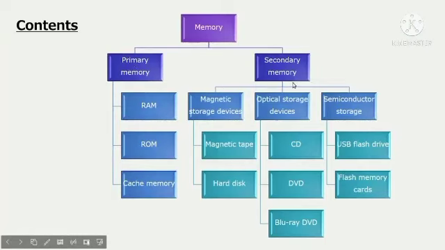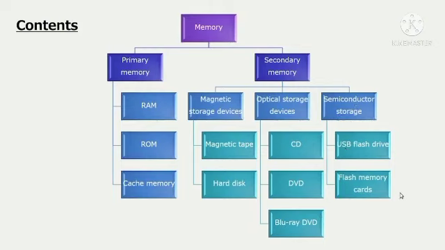The classification of memory. Memory is mainly classified into two types. They are primary memory and secondary memory. Primary memory is again classified into three types. They are RAM, ROM and cache memory. Secondary memory is classified into magnetic storage devices, optical storage devices and semiconductor storage devices.